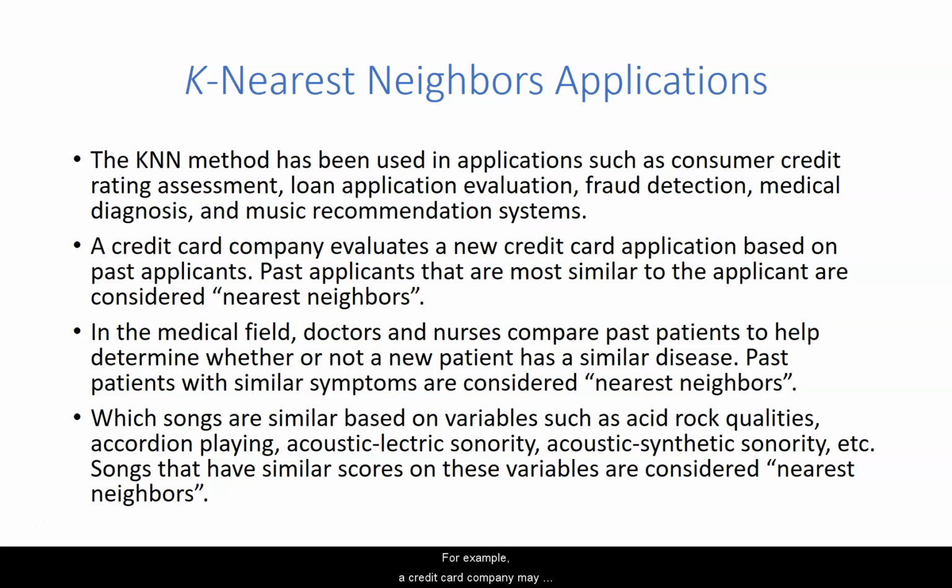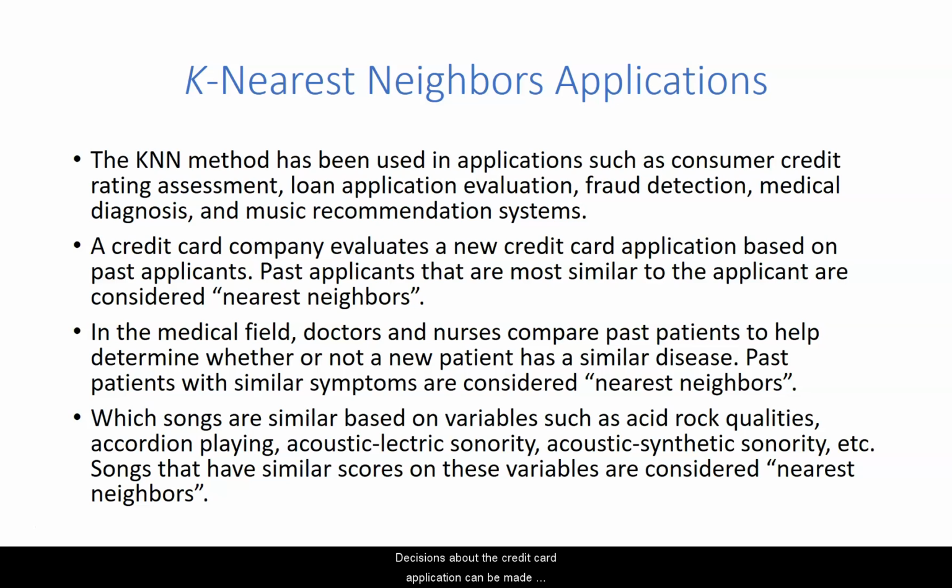For example, a credit card company may evaluate the creditworthiness of a new credit card applicant based on what is known about past applicants. The past applicants that share similar financial and socio-demographic characteristics are considered near neighbors of the new applicant.